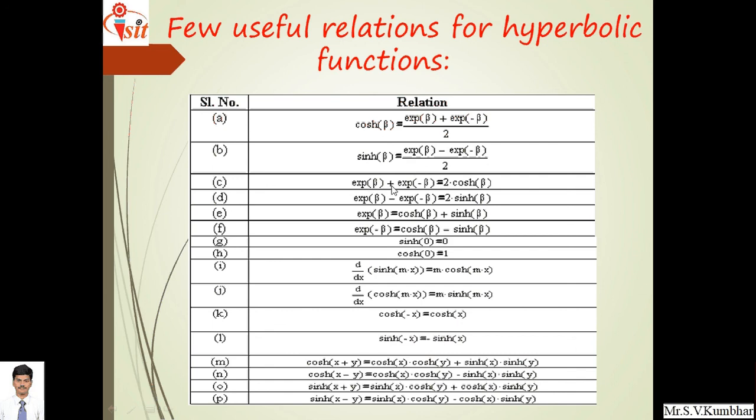Exponential of beta plus exponential of minus beta is equal to 2 hyperbolic cos beta. Exponential of beta minus exponential of minus beta is equal to 2 hyperbolic sin beta. Exponential of beta is equal to hyperbolic cos beta plus hyperbolic sin beta. These formulae we will require while solving numericals as well as in the derivations.